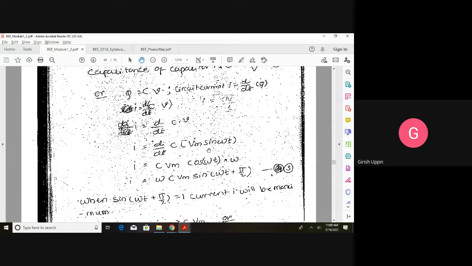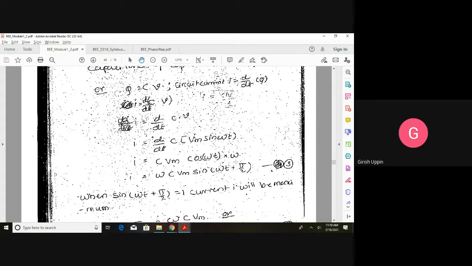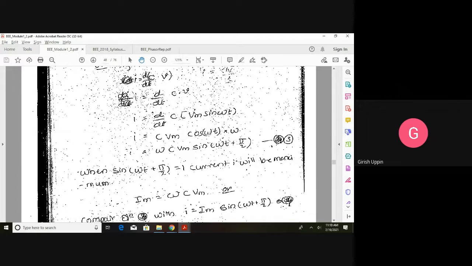If we differentiate, Vm is constant, C is constant, they come out, d/dt of sin ωt. Differentiation of sin ωt with respect to t gives cos ωt into ω. And cos ωt, how can we represent it in terms of a sine waveform? sin(ωt + π/2).